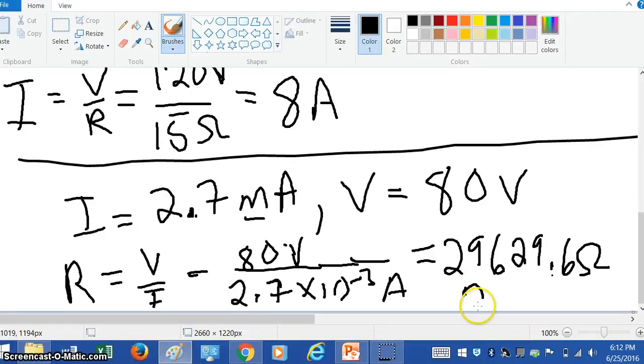So this, for example, would be 29.6 kilo ohms. Okay, so both of these mean the same thing. So in the bottom example, I've just moved this decimal place 3 places to the left, and so that's how I get my 29.6 kilo ohms.